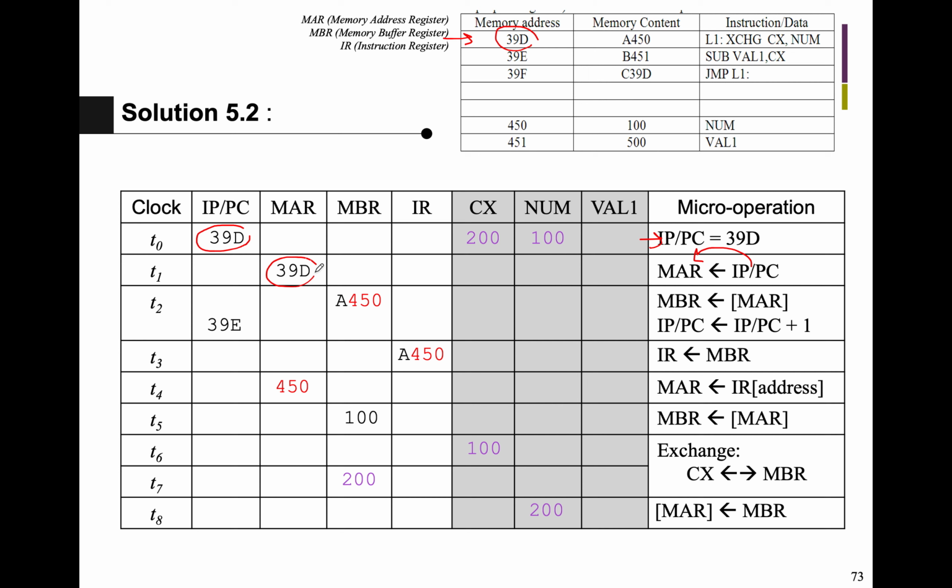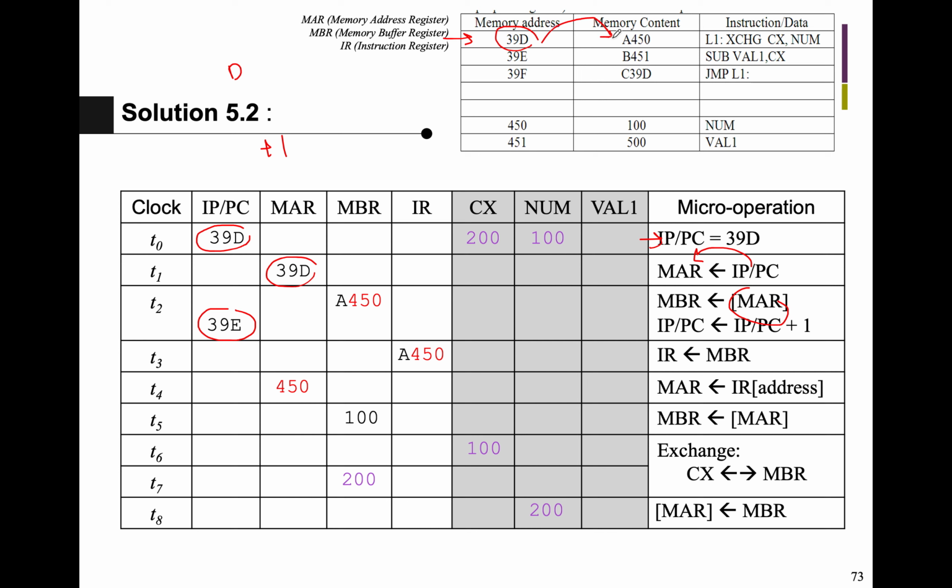After that, you're going to add 1 to your IP. So in hexadecimal, if you add 1 to D, it's going to be E. So it is 39E.